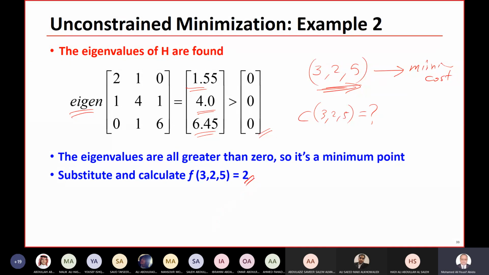So this is the minimum cost that you have, and this is the solution. Pay attention, 325 represents the solution that gives you the minimum cost. Okay, any question? Ahmed Makki?